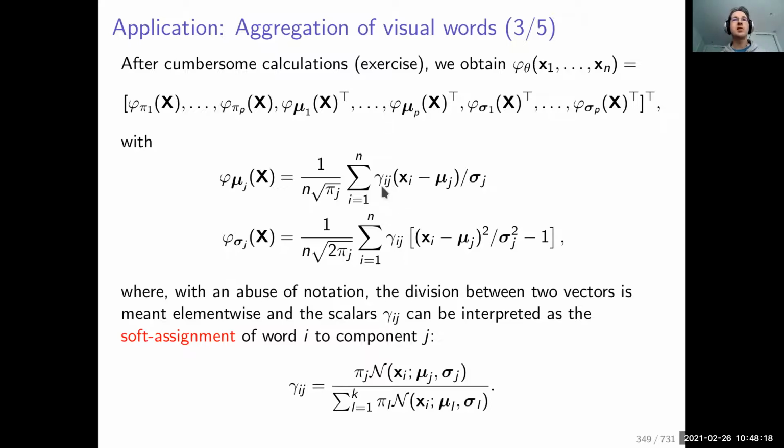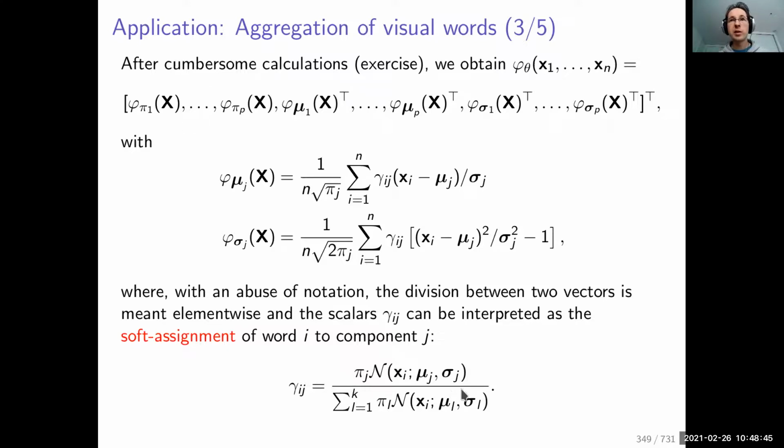These weights, gamma ij, have a very important interpretation. The formula is given on the bottom. So i represents an element of the set X, let's say a word i. j corresponds to a component of the mixture Gaussian model. And the interpretation is a soft assignment of the word i to the component.